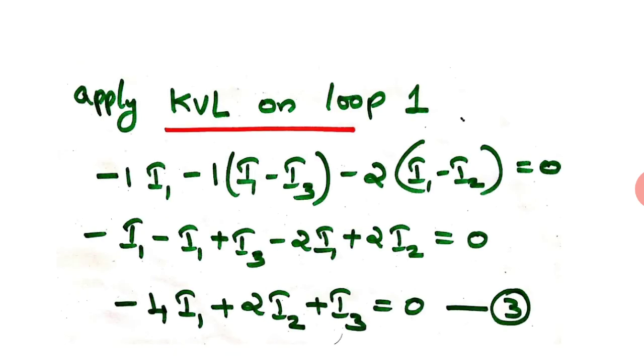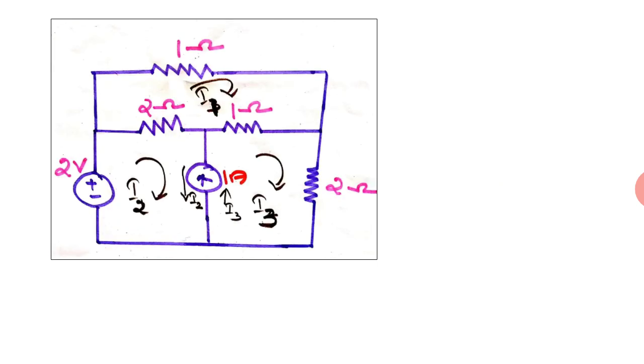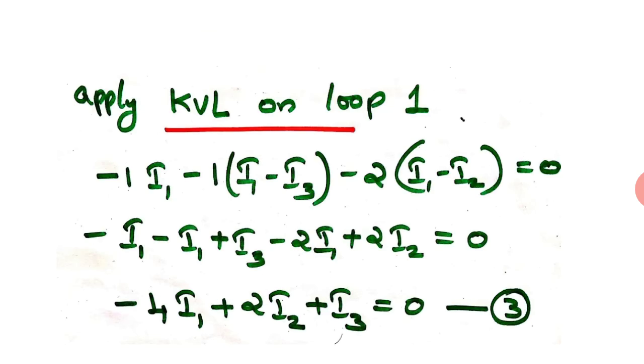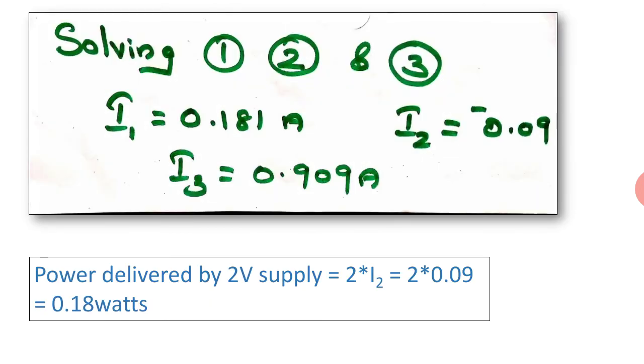That is minus 1 I1 minus 1 I1 minus I3 minus 2 I1 minus I2. That equation is written here and simplified as minus 4 I1 plus 2 I2 plus I3 equal to 0.